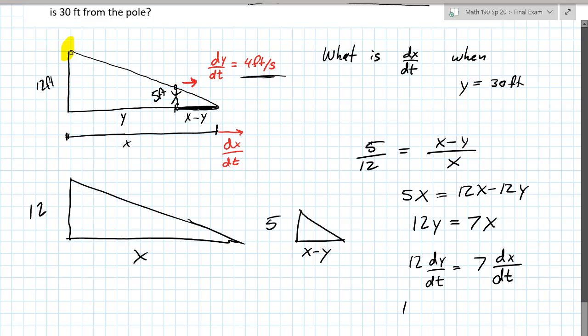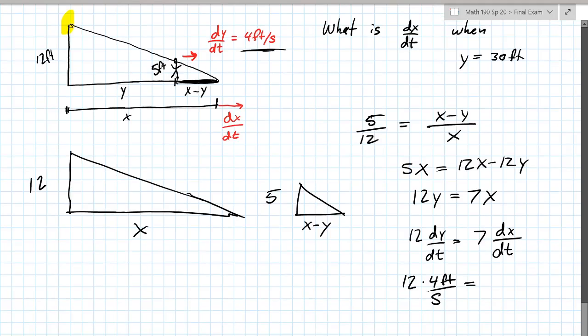So we've got 12 times 4 feet per second is equal to 7 dx/dt. I'm going to divide both sides by 7. 12 divided by 7 times 4 feet per second is equal to dx/dt. Notice in this problem, we didn't have any y's left to substitute back into the problem, and that's okay.